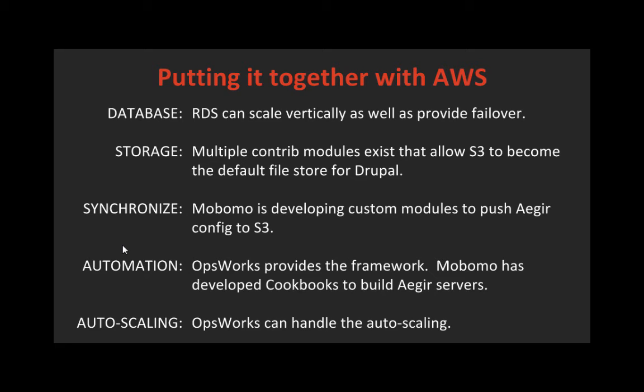The automation piece: the video I'm going to show uses AWS OpsWorks, which gives you the framework for establishing the automation I've been talking about. OpsWorks is built on Chef, so it's like getting a Chef server to work with to build out your instances and deploy your applications. I've been using OpsWorks for a few months now and I really like it.